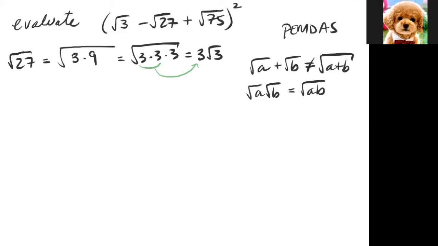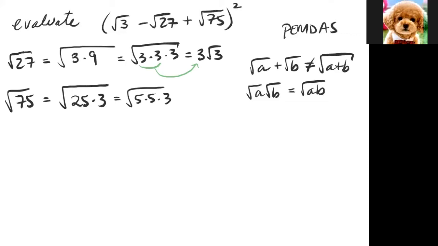We could use the same idea to simplify root 75. 5 square root 3. So we could say 75 is 25 times 3, and 25 is 5 times 5. So we can take these 5's out because we have a pair, and write one of them out front.